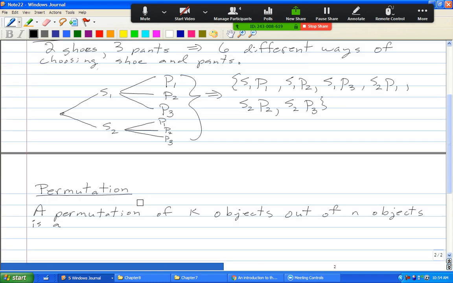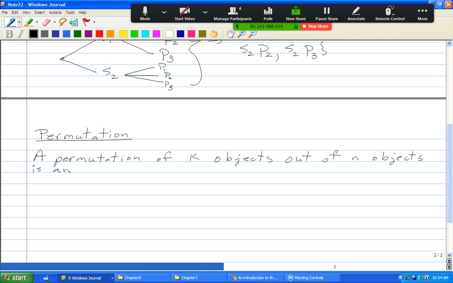Okay, there. Is an ordered list of k objects, a list of k objects out of the n objects.